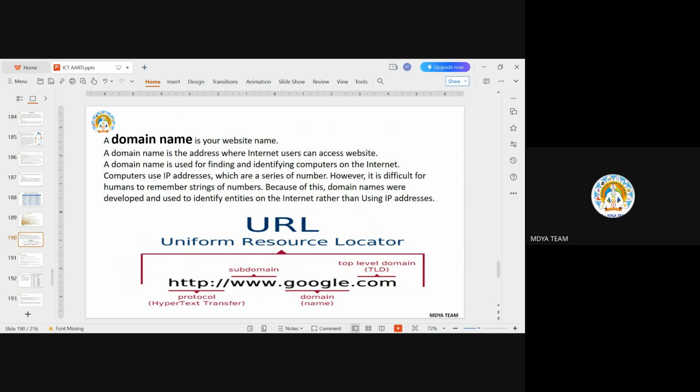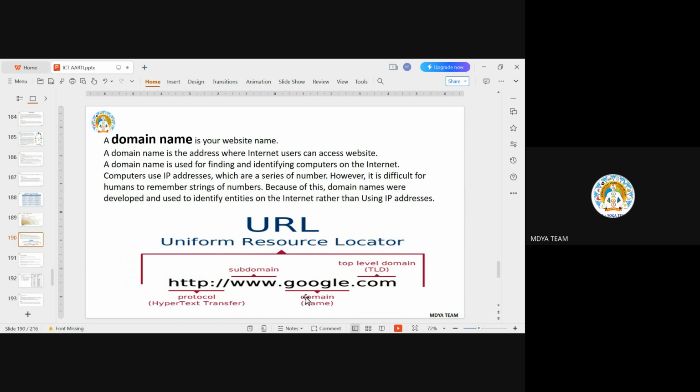As you see on the screen now, this is www.google.com. This is a web address you are typing on the web browser. The Google word is the domain name, and .com is the top level domain, an extension of the domain name.